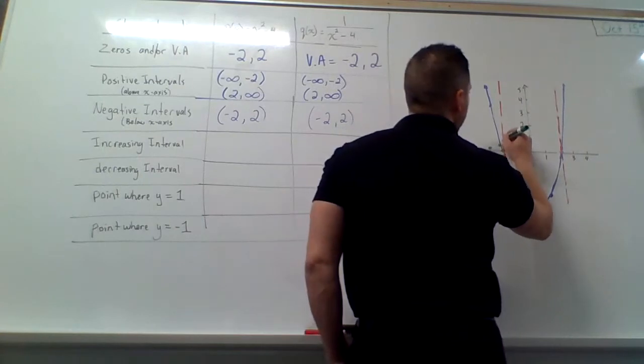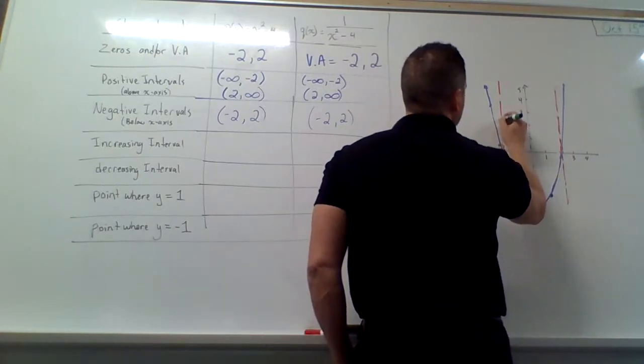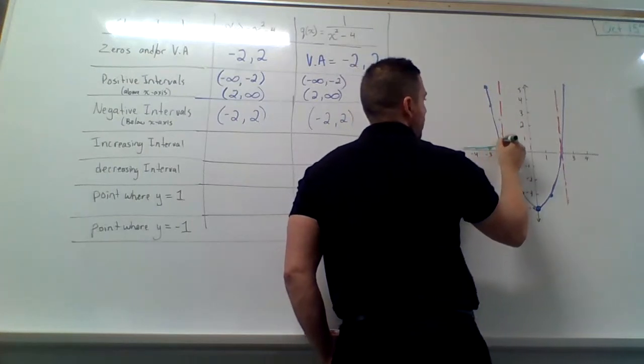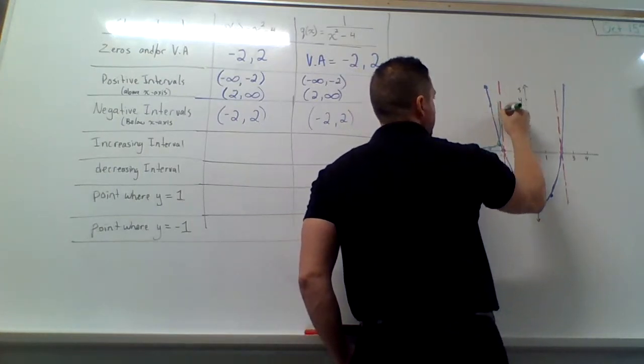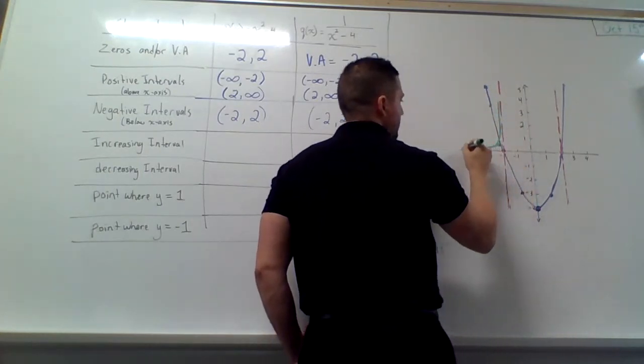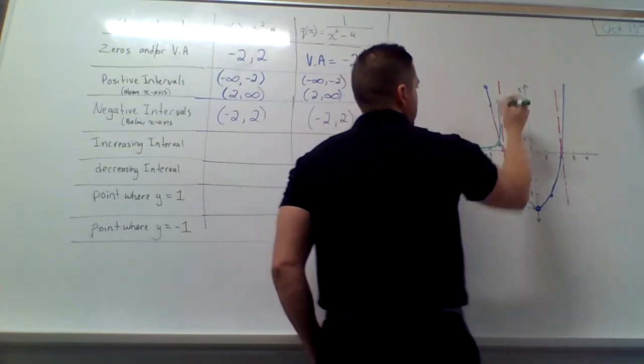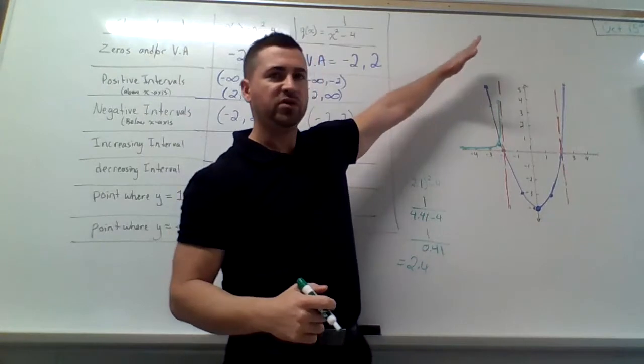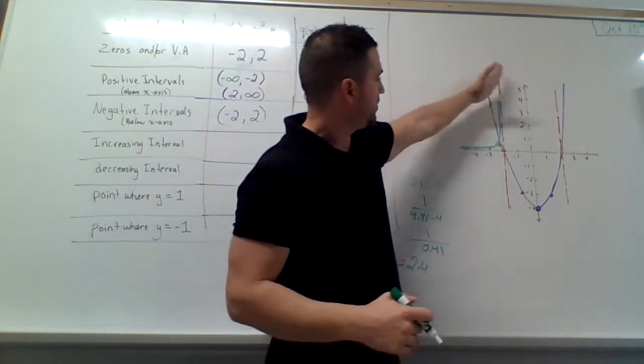Okay, so over here it's going to go up to 2.4. So you'll see that on this side, the graph goes like such. Okay, so it curves, just like a reciprocal function we've done before, so it curves this way.